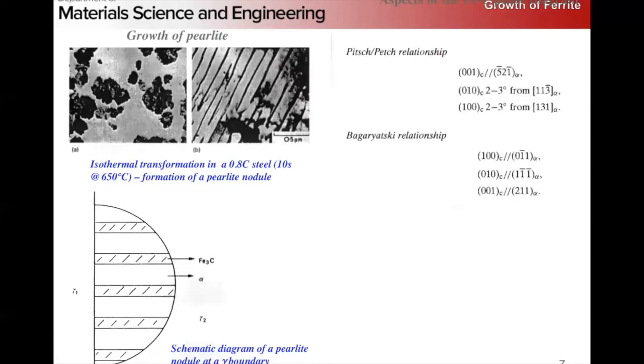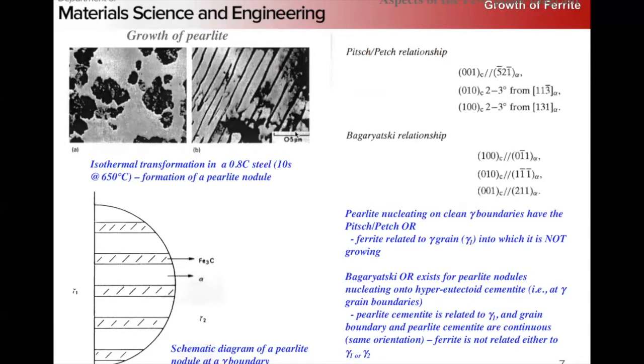Okay. So the growth of perlite, we spent a little bit of time on Friday discussing the structure, right? How the lamellae of the ferrite and the cementite are roughly parallel, right? And with a uniform wavelength.